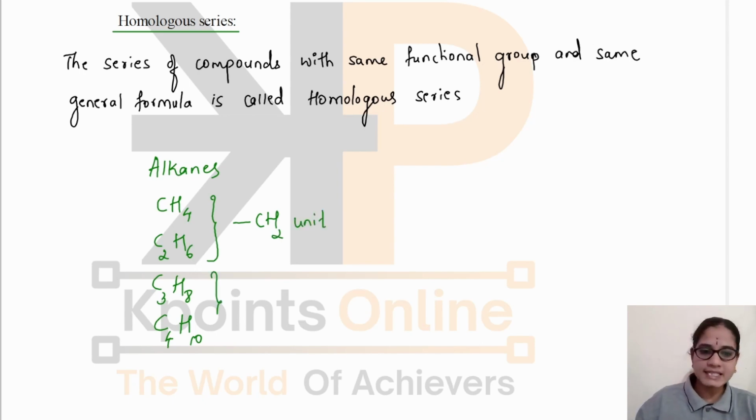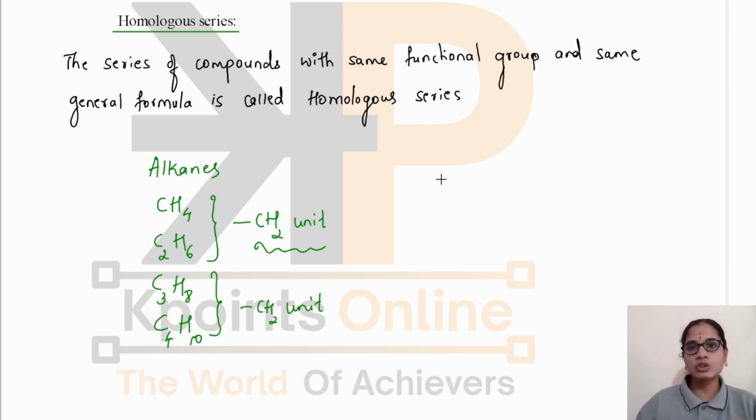You can also see these two successive members. Here also there is a difference in the molecular formula by a CH2 unit. This shows that in a homologous series, the successive members of a particular series differ by a CH2 unit.